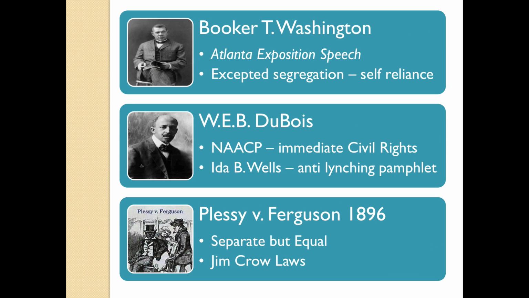As we go through the Gilded Age, civil rights becomes a major issue, and two leaders eventually emerge, but both of them have completely different views. Booker T. Washington, who basically becomes the voice of black America in the South, will accept this thing we call segregation, segregating the races, if, in fact, the white South will allow blacks to self-rely, to create their own economic capabilities.